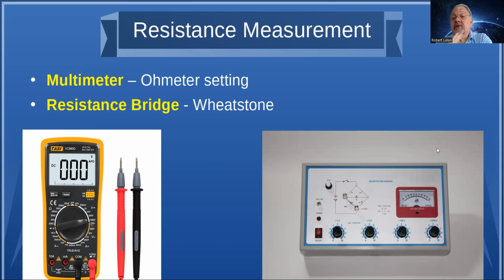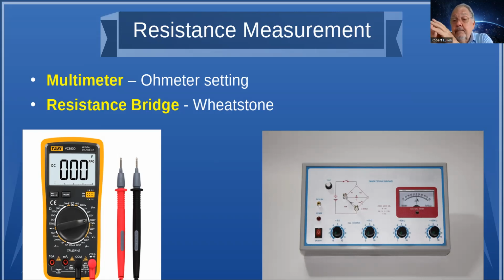Over on the right is what's called a Wheatstone bridge, which is what they used to use in the laboratory. Maybe they still do. And you actually have a circuit of 2 fixed resistors and 1 variable.